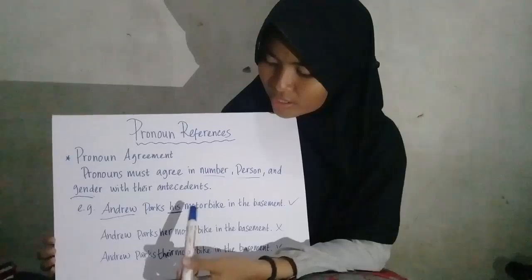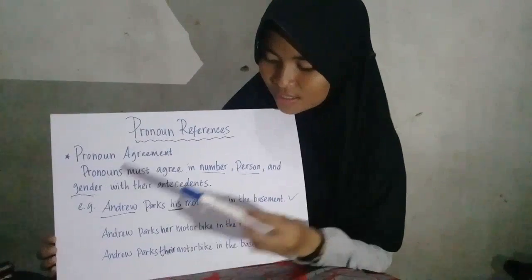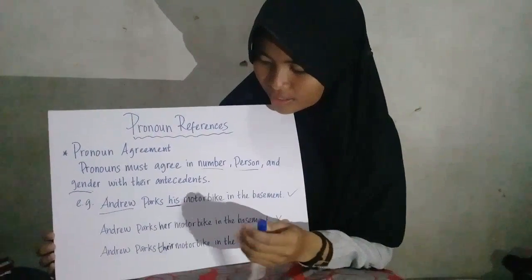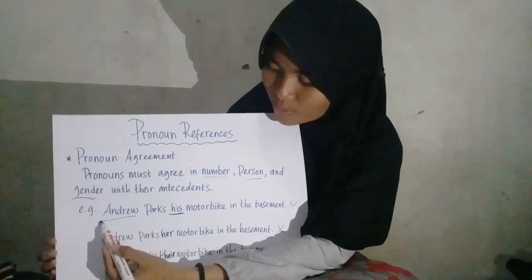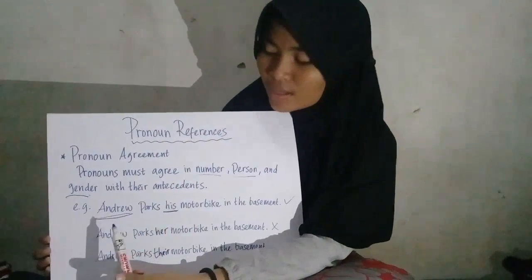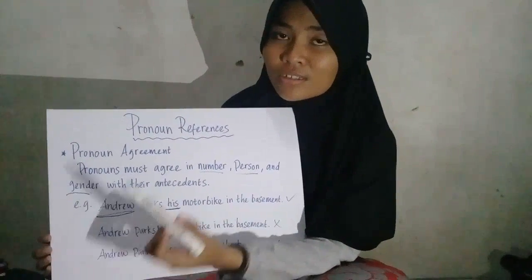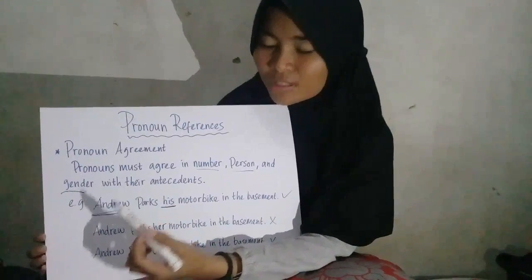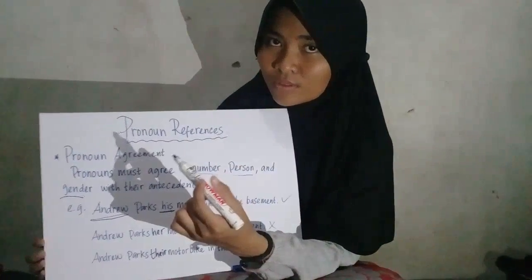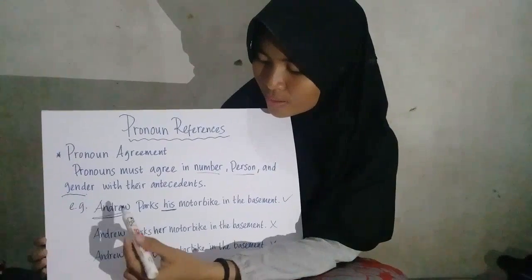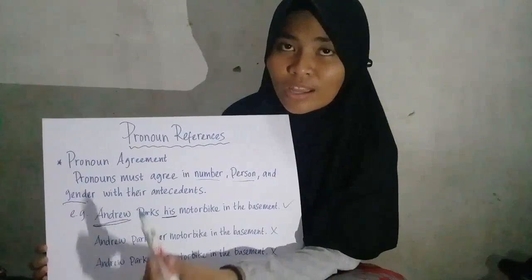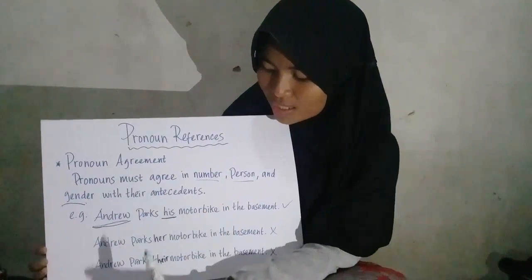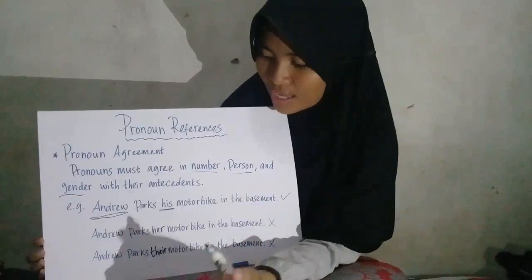The first one uses the pronoun "his", and the antecedent is Andrew. We know that Andrew is a third person singular noun, so the pronoun has to be "his", "her", or "its".